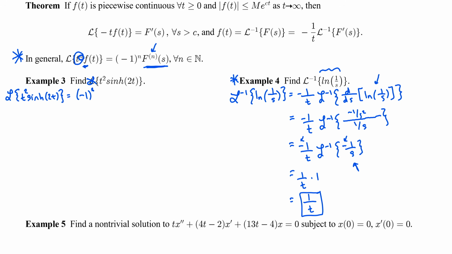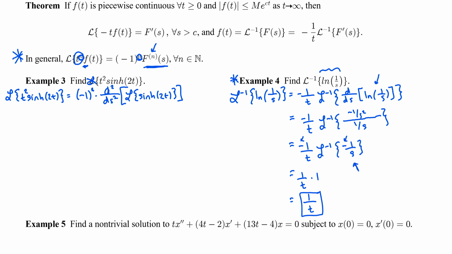Remember, whatever power of t is, we're going to use it right here, times the second derivative, I'm going to use a differential operator, d squared over ds squared, times the Laplace transform, this is big F of s, of hyperbolic sine of 2t.